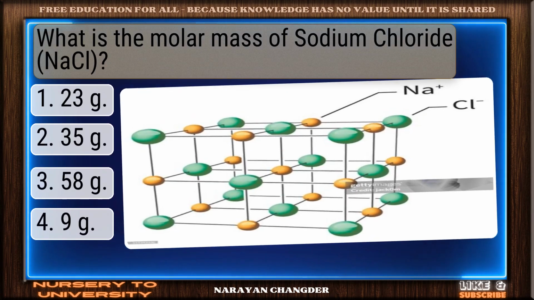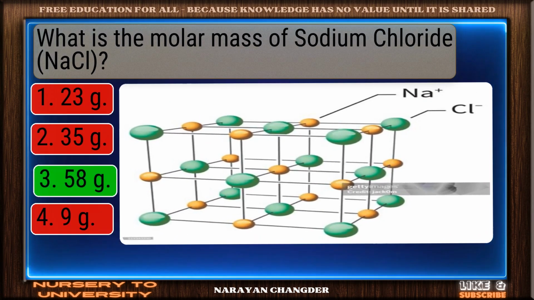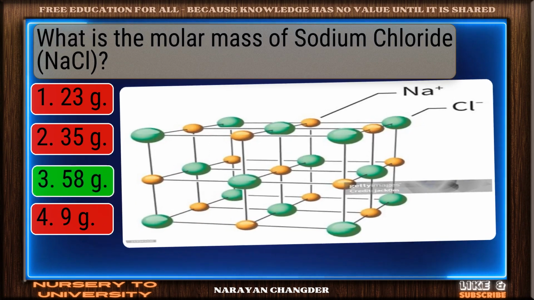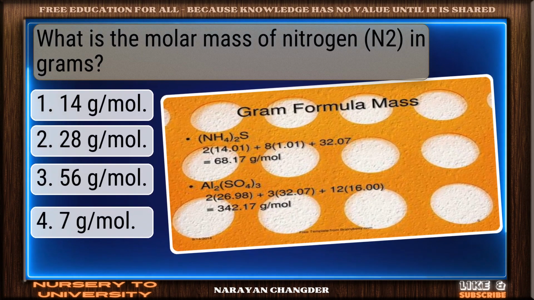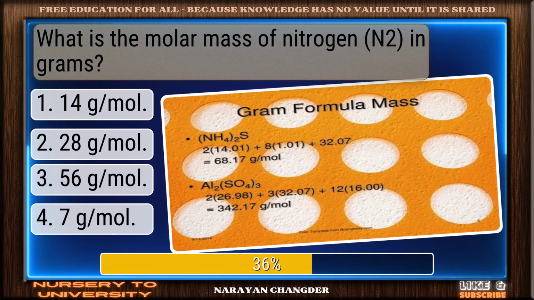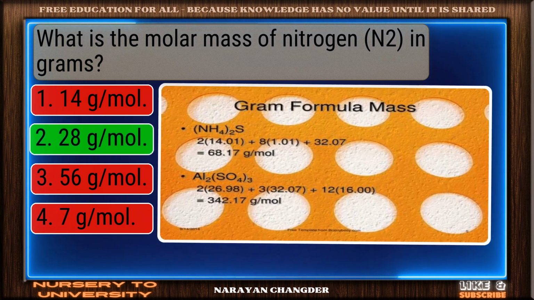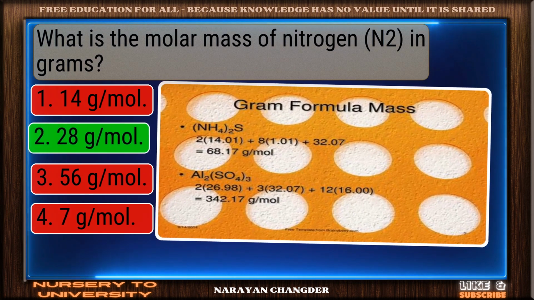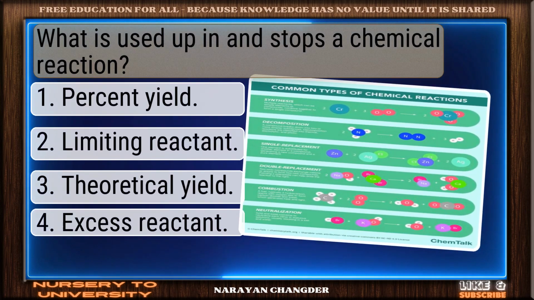What is the molar mass of sodium chloride? Smart move. 58 g is an accurate answer. What is the molar mass of nitrogen in grams? Smart pick. 28 g/mol is the correct choice. What is used up in and stops a chemical reaction?